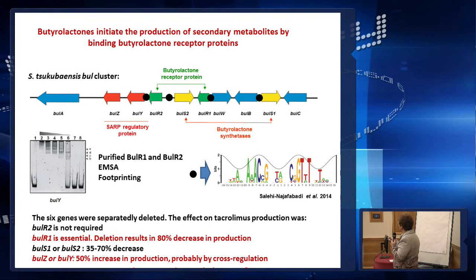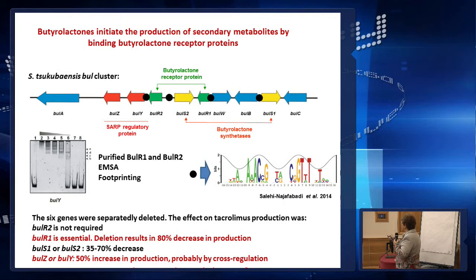These boxes are 28-base-pair palindromic sequences and are located in all these positions. To understand the importance of these genes, they were separately deleted and the effect on production was studied. BulR2 was not important, but BulR1 was essential.